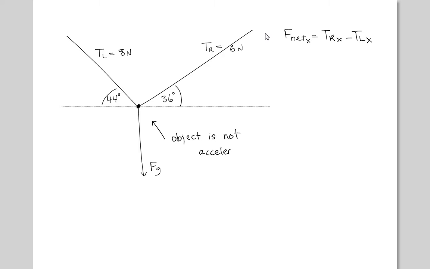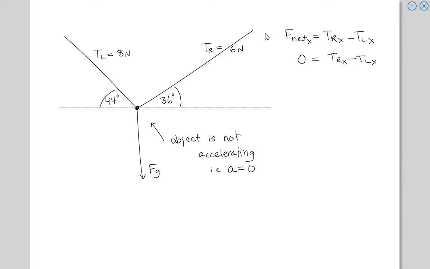That tells us some key information: MA is 0, i.e. A is 0. So this left side is 0. Then what does that tell you about the tension right and the tension left? Yeah, equal in magnitude. So tension in the left equals tension in the right.